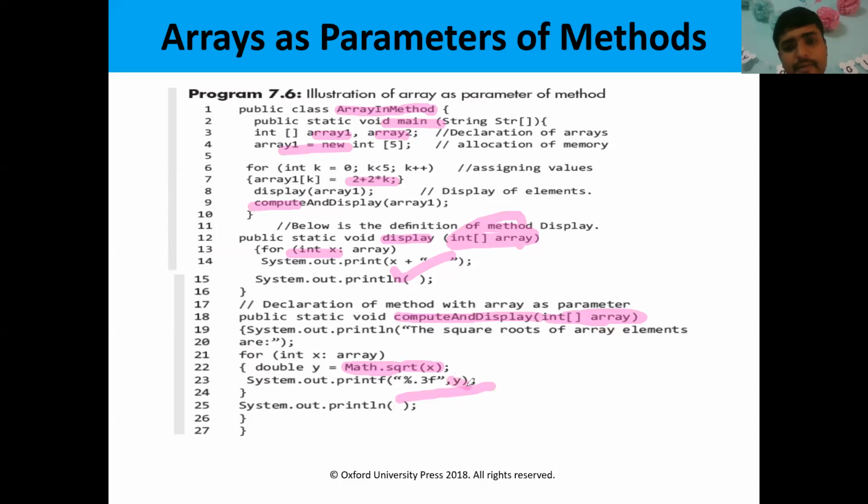So this is a simple program to illustrate passing an array as a parameter. We are passing the array in these two methods, display and compute and display. We are passing the array, not a variable. Okay?